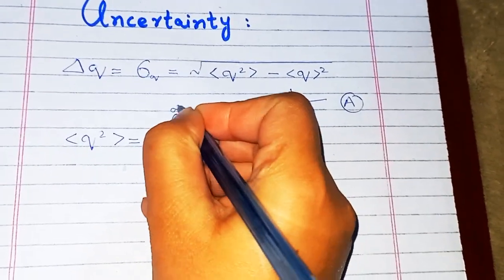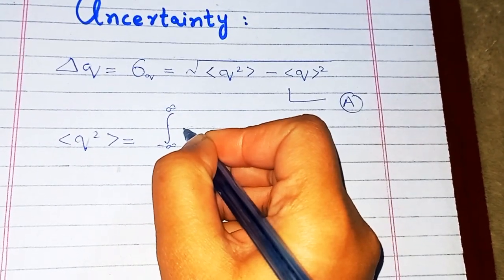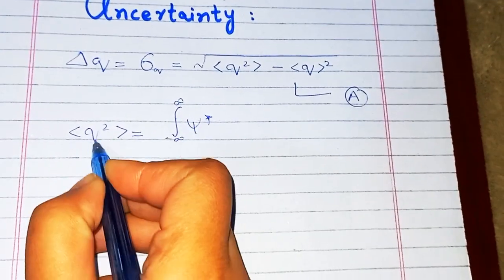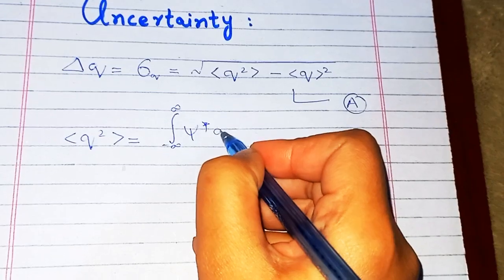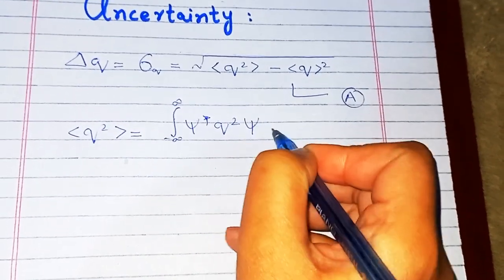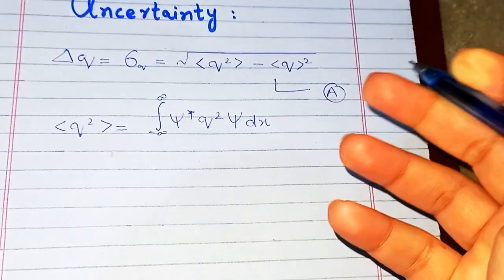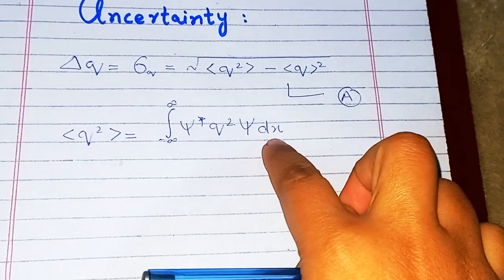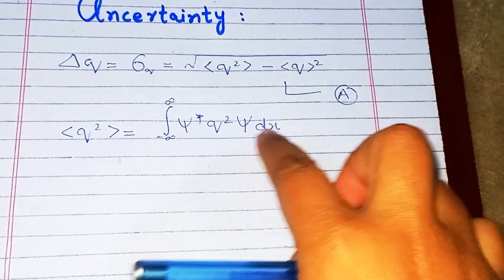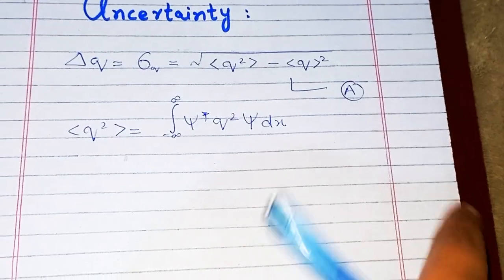It's the integral from minus infinity to infinity of psi star, then the quantity whose ensemble average we want, q squared, then psi, and dx. It depends whether the system is 1D, 2D, or 3D. Normally in the beginning it's 1D, so I'm using dx. You can use dv for general representation.